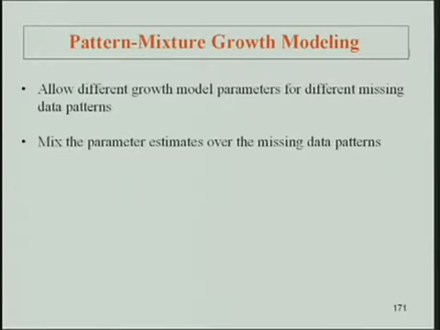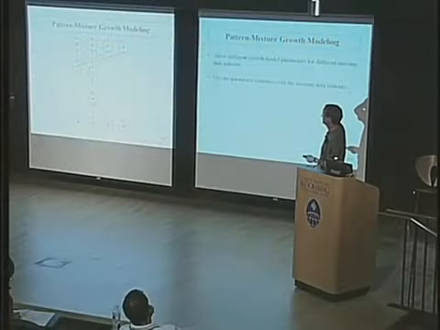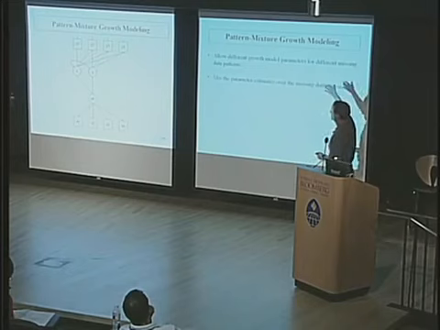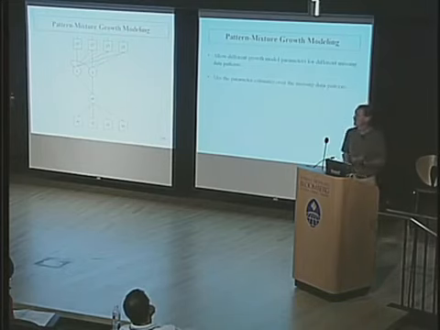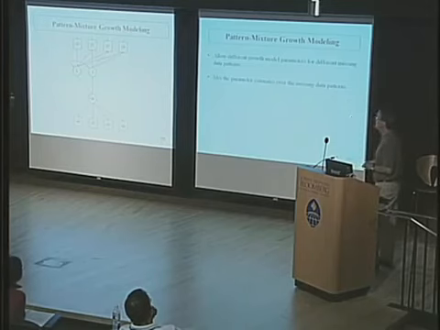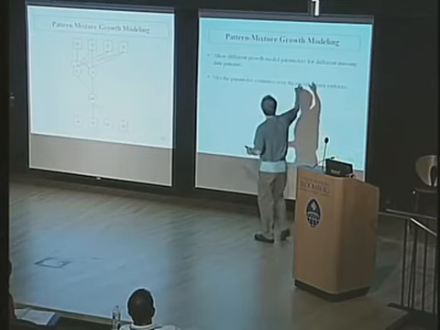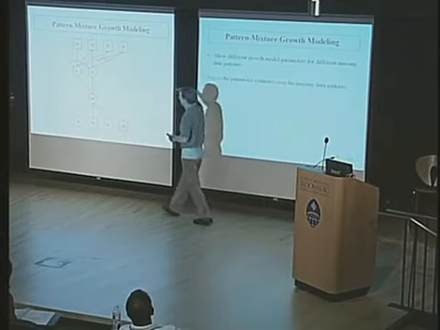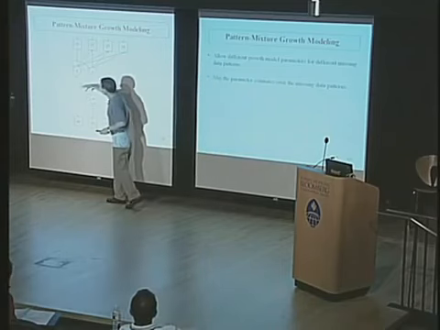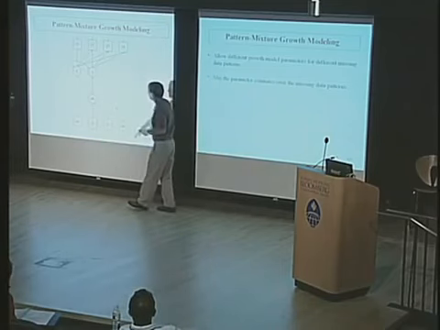That will then allow for different growth factor means. Growth factor means differ across the missing data patterns. So then you estimate the model and mix the parameters over the missing data patterns. And you get presumably better estimates for the growth model. Now, using dummy variables for the missing data patterns is like having a latent class model.